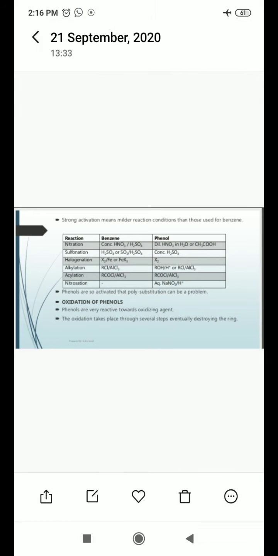If we have to do the nitration of phenol, which chemical can we use here? We use dilute HNO3 in H2O or CH3COOH, that is acetic acid.